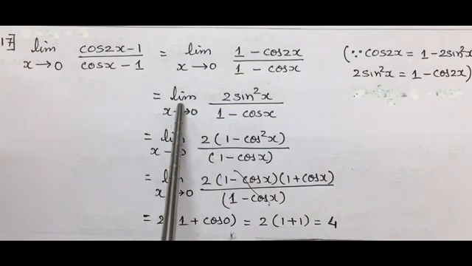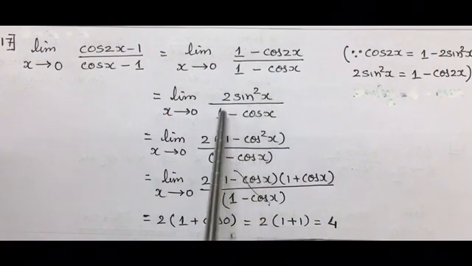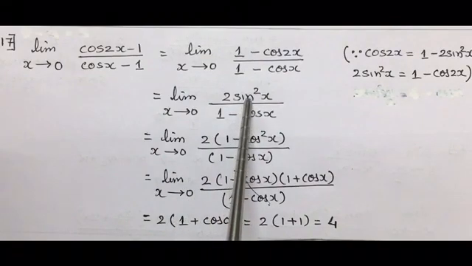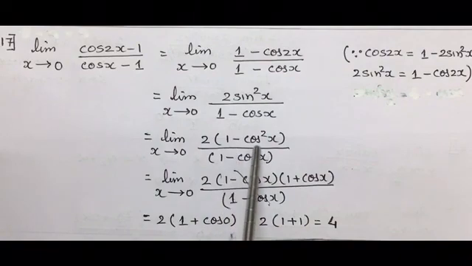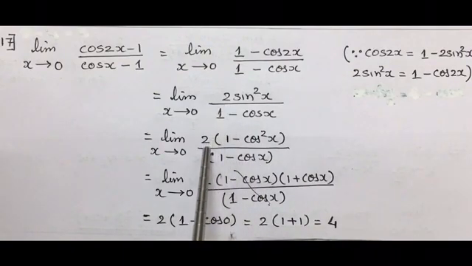So we get here limit x tends to 0, 2 sine square x divided by 1 minus cos x. Now in the place of sine square x, we can make use of the identity 1 minus cos square x divided by 1 minus cos x. 2 is carried as it is.